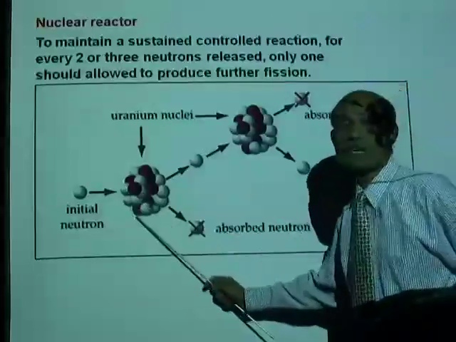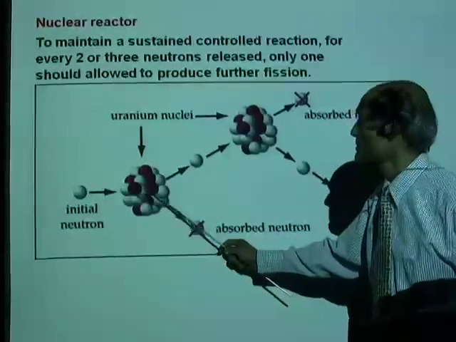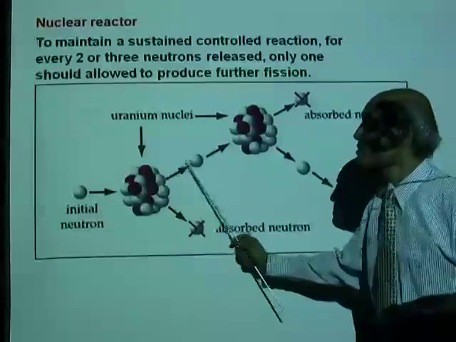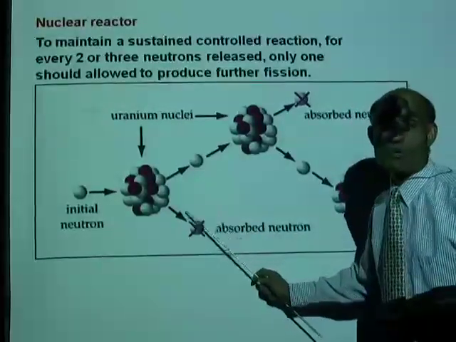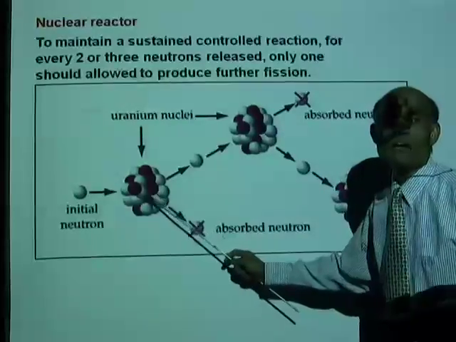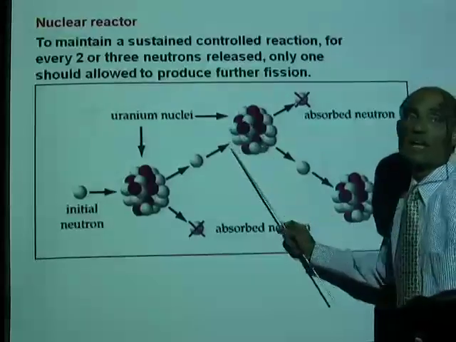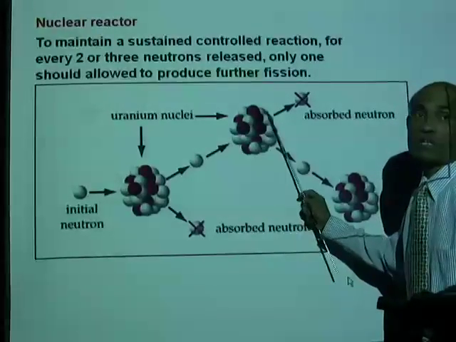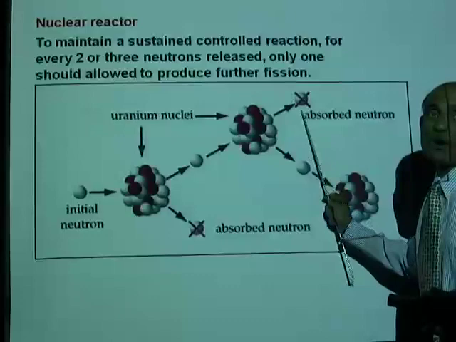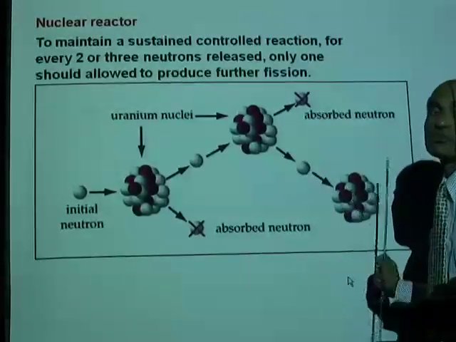So, if this is a nucleus of uranium that undergoes fission, and 2 neutrons are produced, one must be taken away, removed, and only one allowed to proceed further. And again here, one must be removed, and only one should be allowed to proceed.